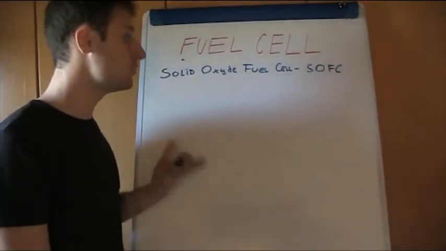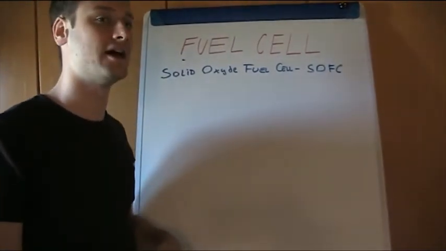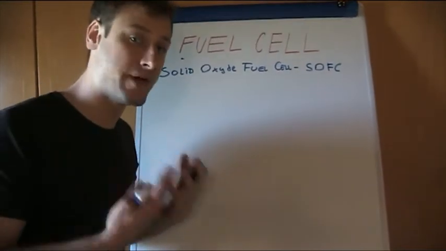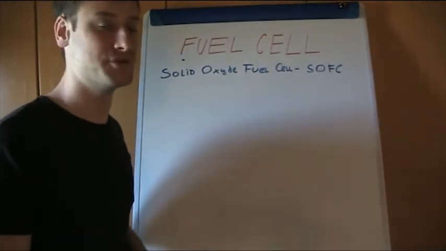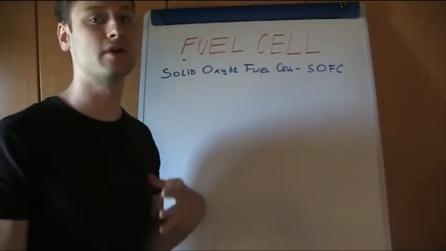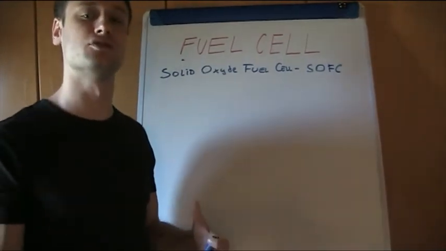So here, no wetted membranes, no proton exchange membranes are used, but a ceramic material, an inorganic oxide, is used as electrolyte in order to convey ions able to close the circuit.